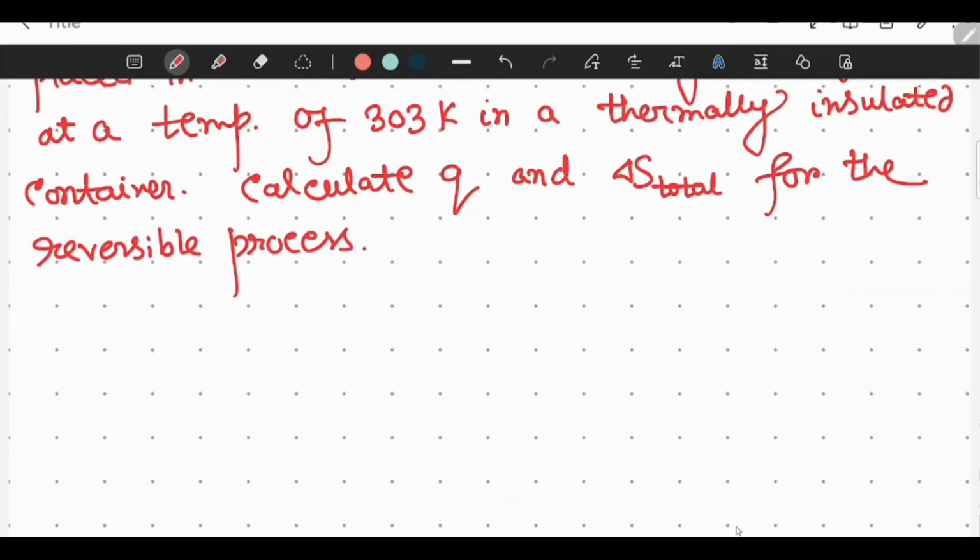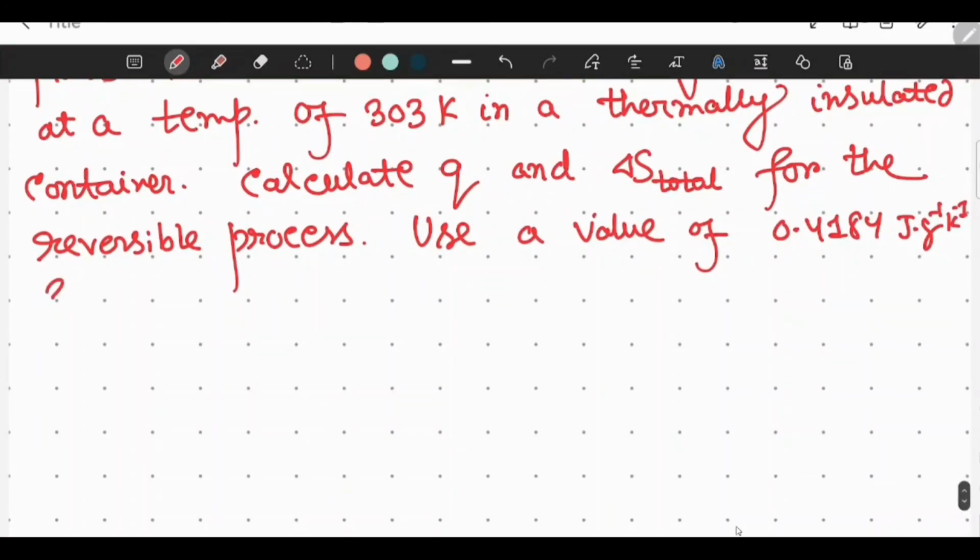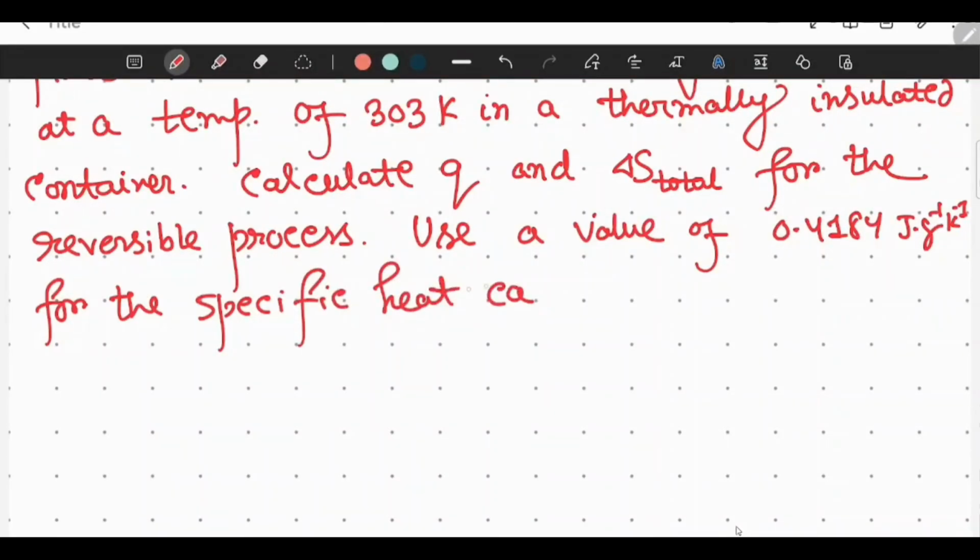Use a value of 0.4814 joule gram inverse Kelvin inverse for the specific heat capacity of copper.